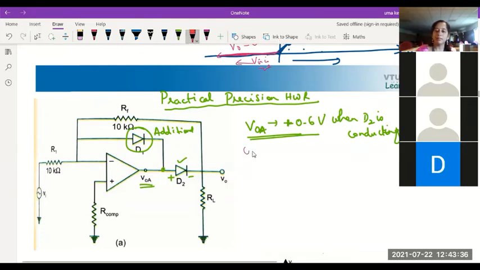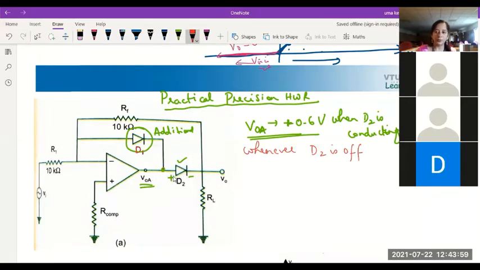But whenever D2 is off, what happens? You see, this diode is connected in the other polarity. The negative of diode D1 is connected to the output of the op-amp, where the positive of D2 was connected.